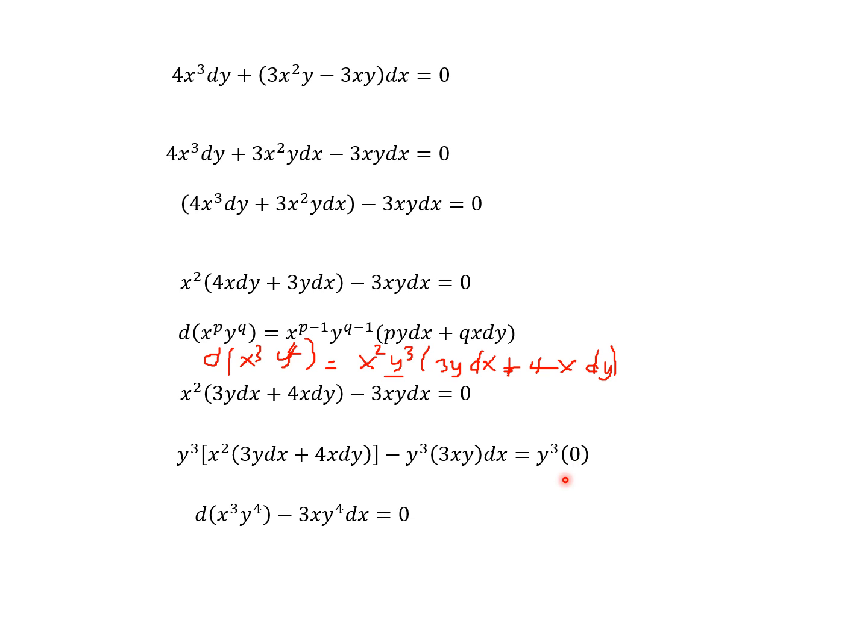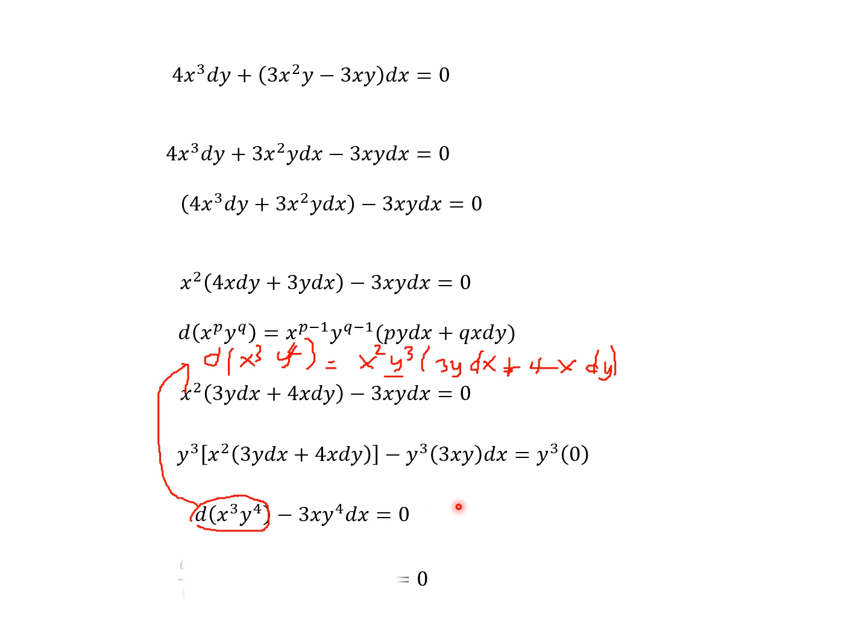And therefore this now is the same as the derivative of x cubed y to the fourth, and the other term can be written as 3x y to the fourth dx, equal to 0.